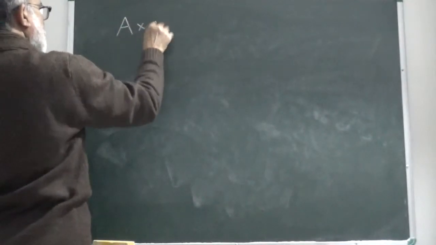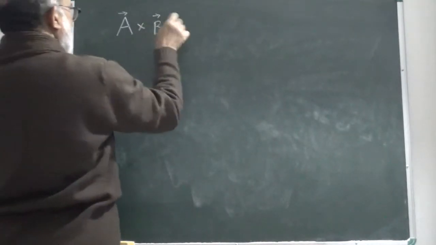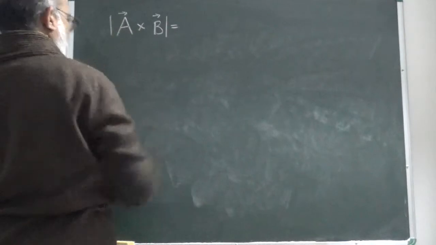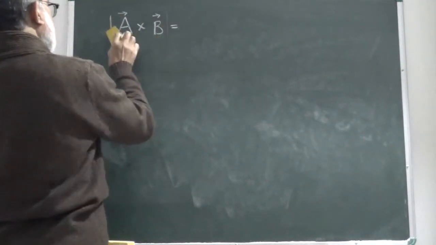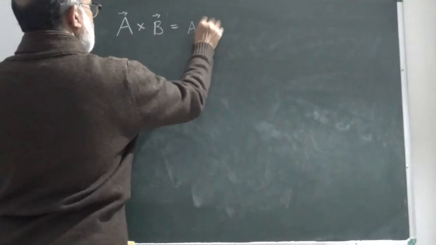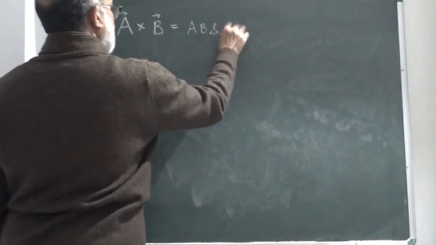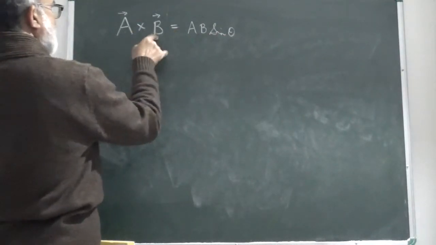What is the geometrical meaning of A cross B? The magnitude of A cross B will be given by A B sine theta, and this will be a vector.